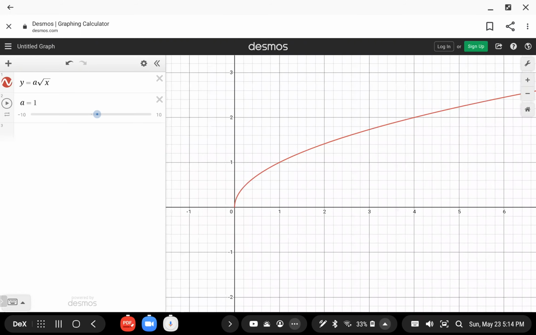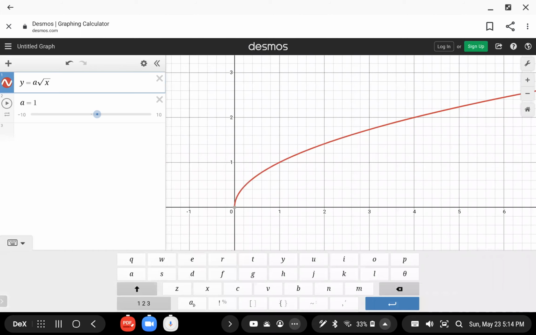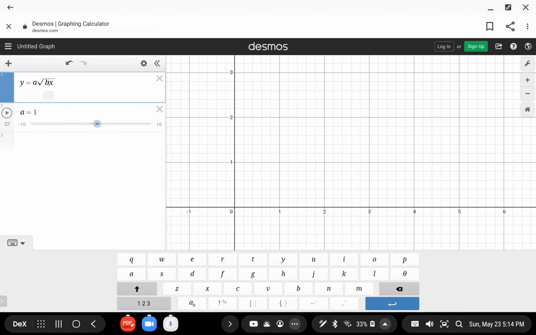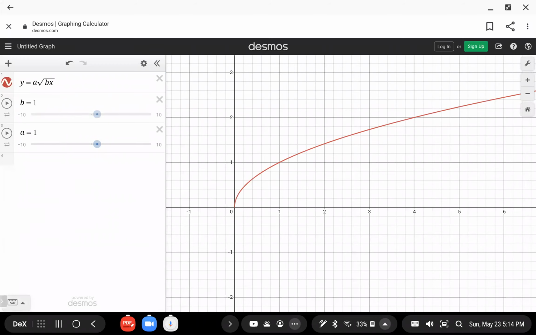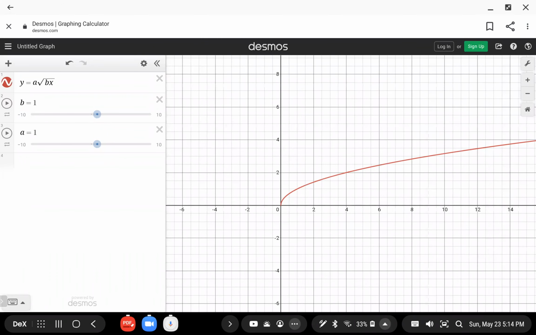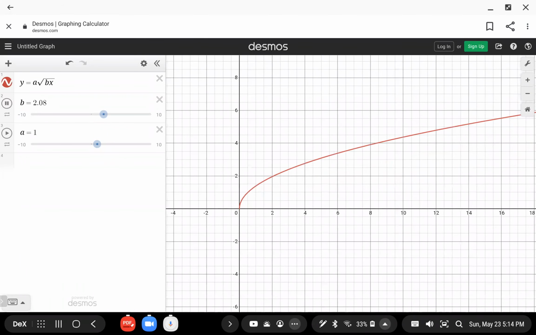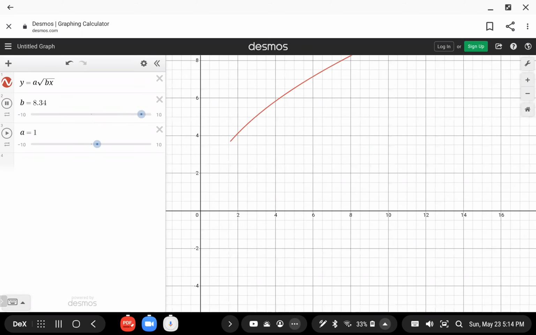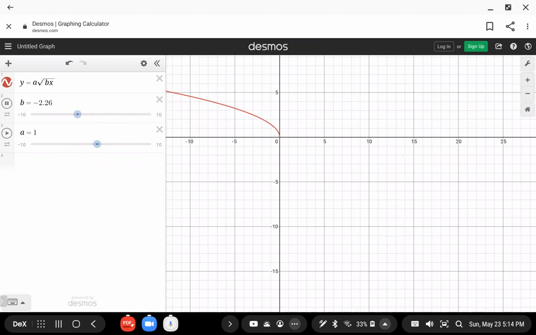So now let's look at b. Remember, our full function is a times the square root of bx plus c plus d. So b is in front of x here. Since it is taking the square root of b times x, when you animate this, it's still a vertical shift.